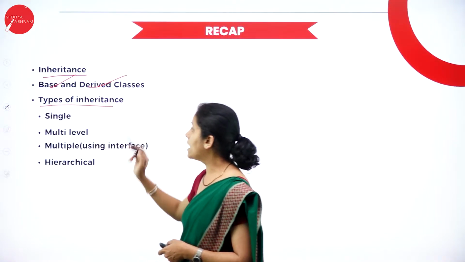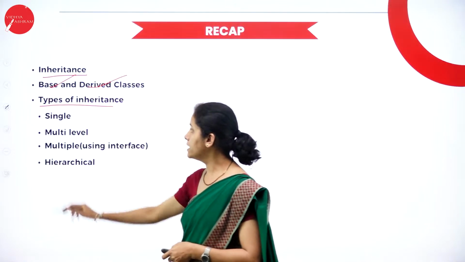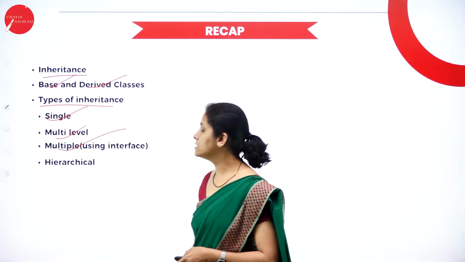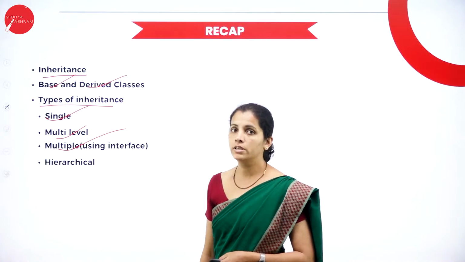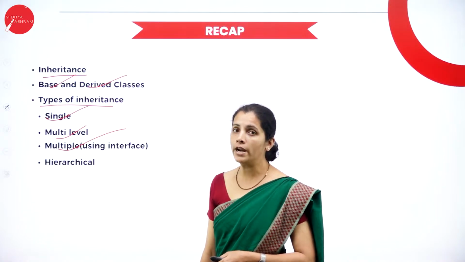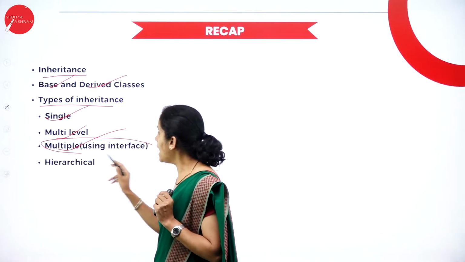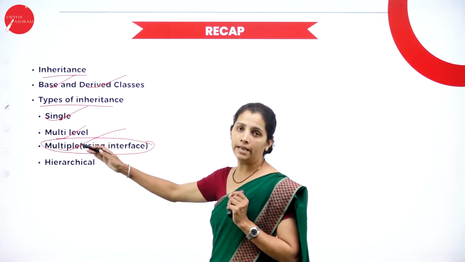Along with that, I discussed types of inheritance: single level inheritance, multi-level inheritance, hierarchical inheritance, as well as multiple inheritance. Dear students, which point do you have to remember here? That Java as well as C# does not support multiple inheritance.